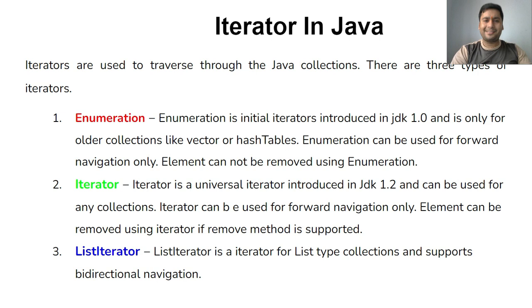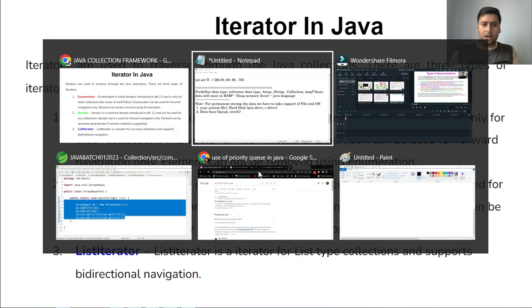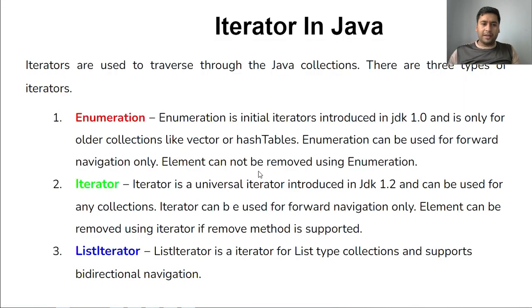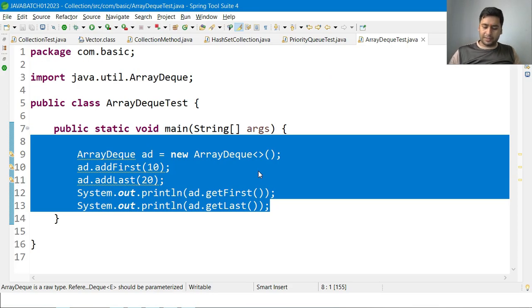Okay, so let's understand practically what this says, and then we can focus on other topics. Let me go to our Eclipse and create one more class. I have already pressed Control N. Enumeration basically works on legacy classes, which are Vector and Hashtable only.